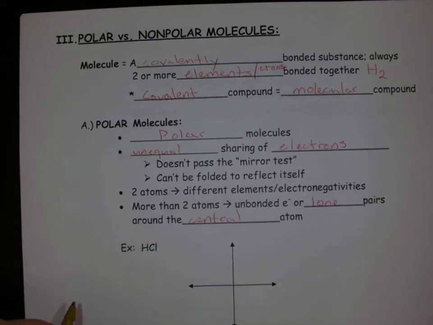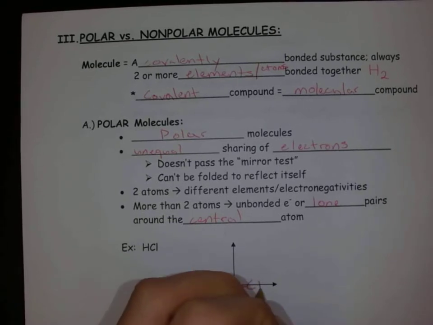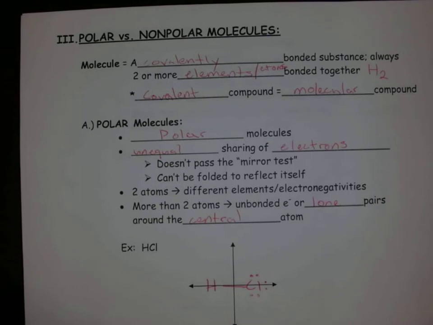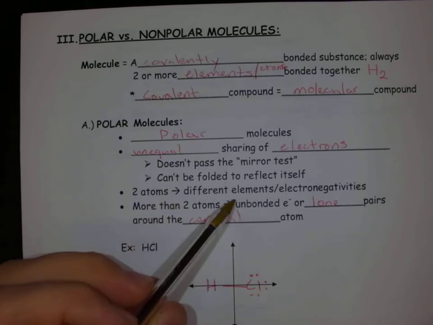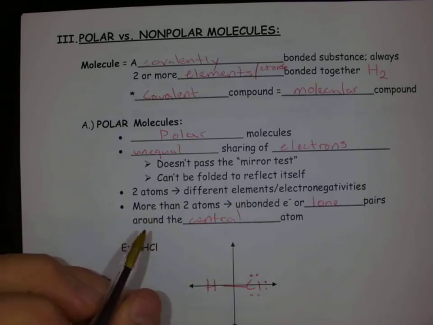So if we look at HCl, we can draw HCl, and we'll give our electrons to chlorine. Here's our Lewis structure. We can see that we have two different elements with different electronegativities.